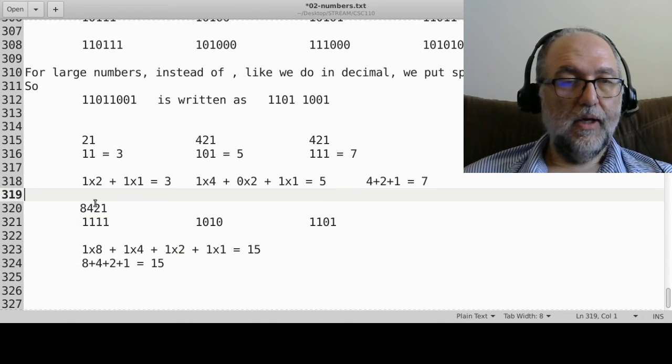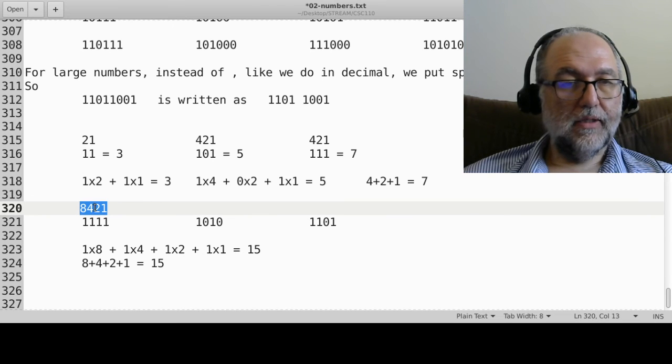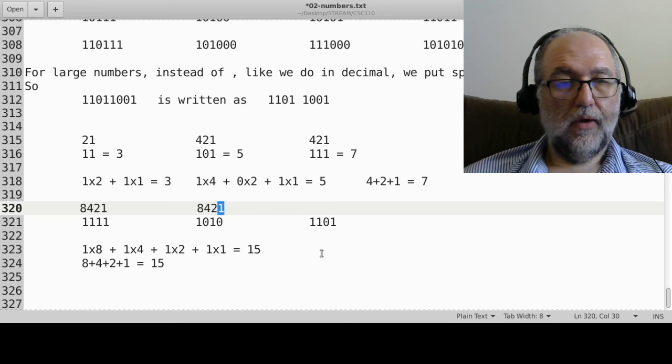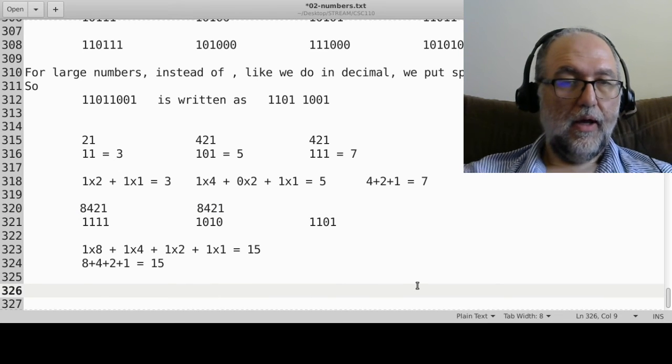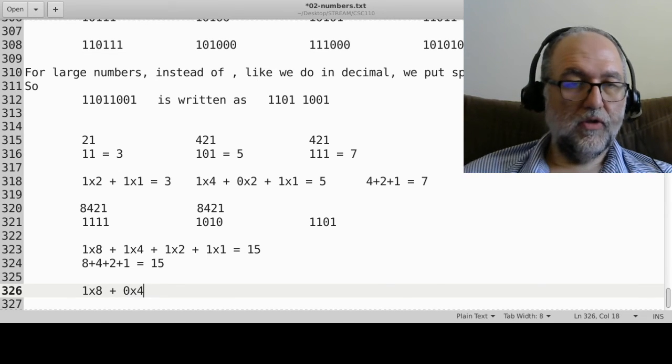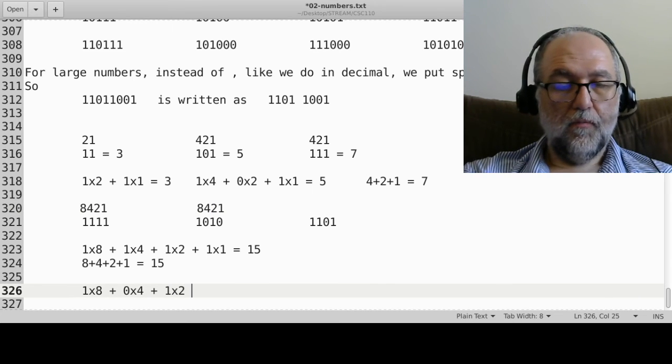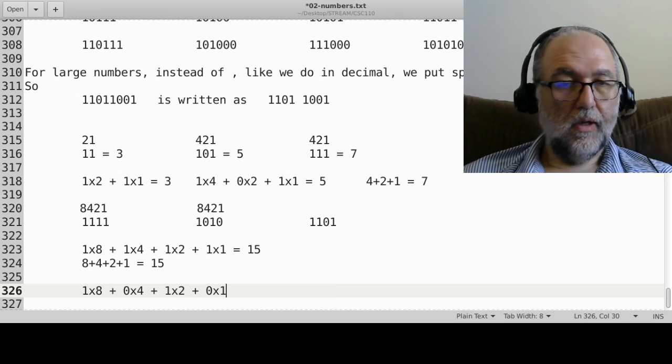All right, let's convert this number. Same thing. Let me just do a quick copy and paste here. Okay, what does this say? I have an 8. How many 4s do I have? I have no 4s. I have 1 two, and I have no 1s. So to convert that number, I have an 8, I have no 4s, I have 1 two, and I have no 1s.